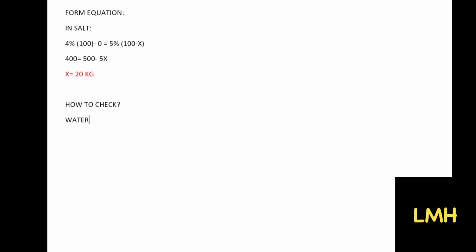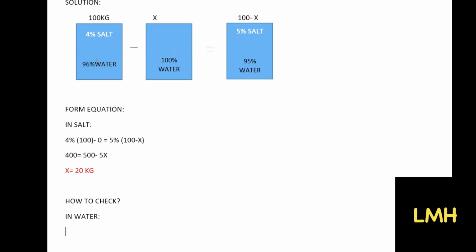Just copy the third layer, the black text for water. 96% times 100 minus 100% times x equals 95% times 100 minus x. Use the algebra process and solve the value of x.